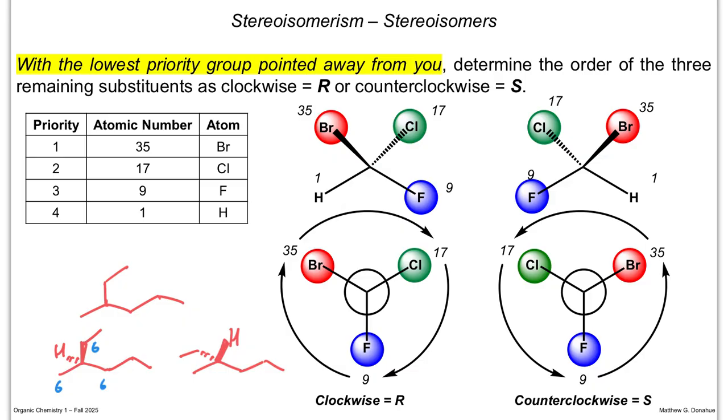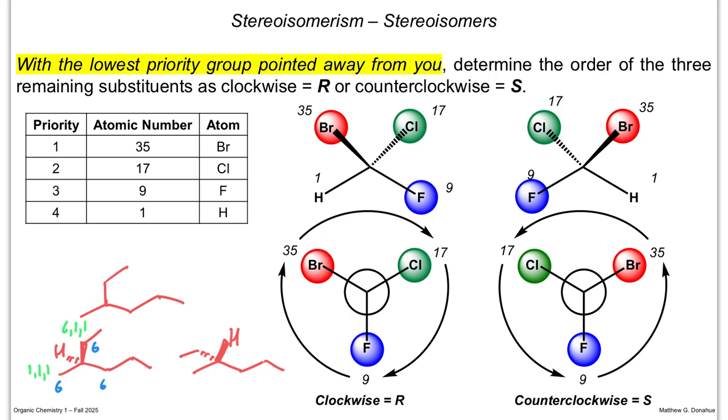So at that point, you look at the stuff bonded to it. And so in green, down here, you have 3 hydrogens. So for those 3 hydrogens, it's 1, 1, and 1. For the ethyl group, we have a 6, a 1, and a 1, because I'm looking at the 3 things bonded to that, 2 hydrogens and 1 carbon.